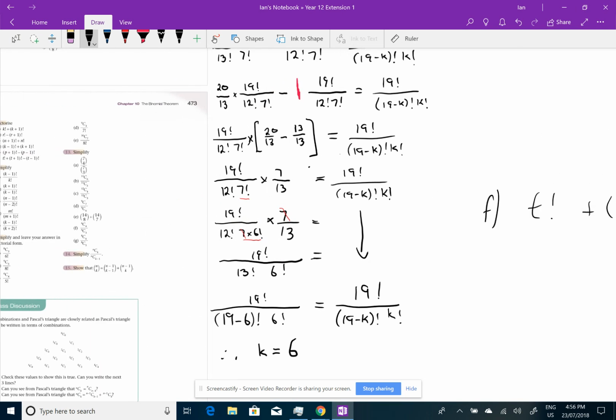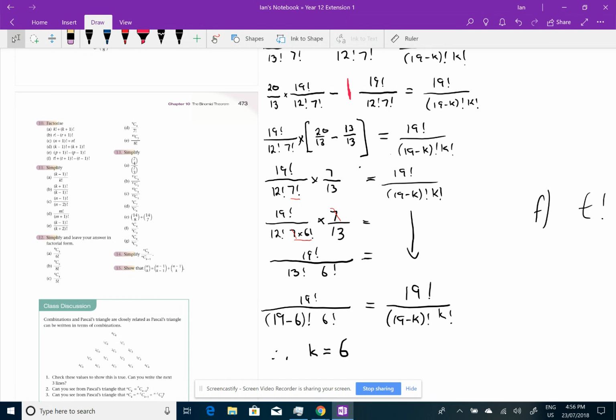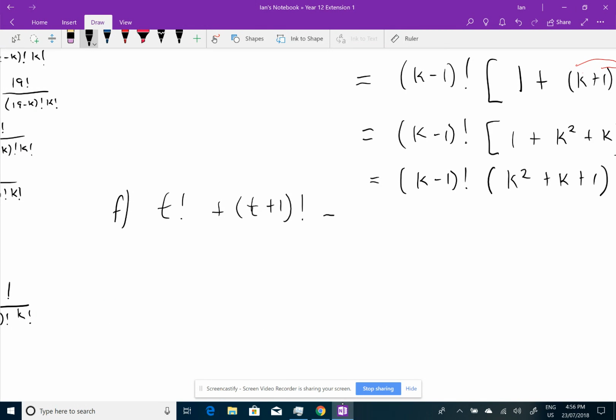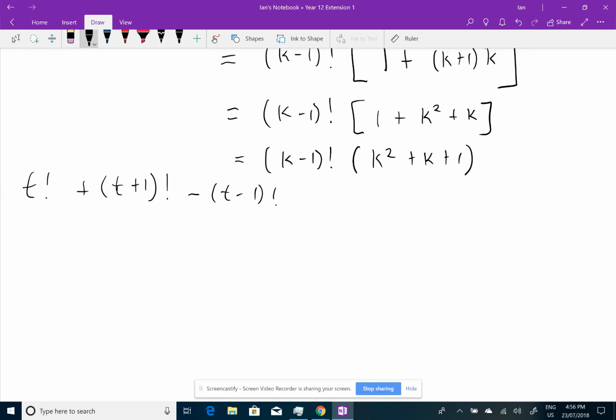Let's just double check that that is a question. Oh, minus t minus 1 factorial. Well, let's see what we can get out of here. I think I'm going to need to get the lowest one, which is a t minus 1.